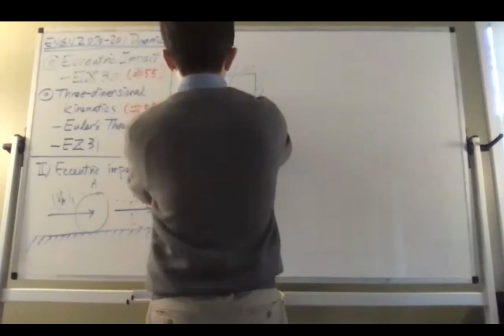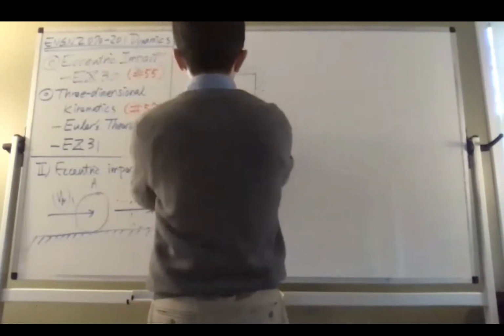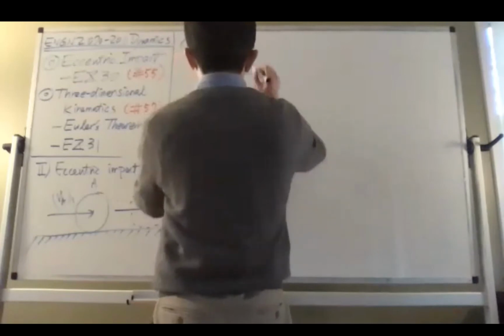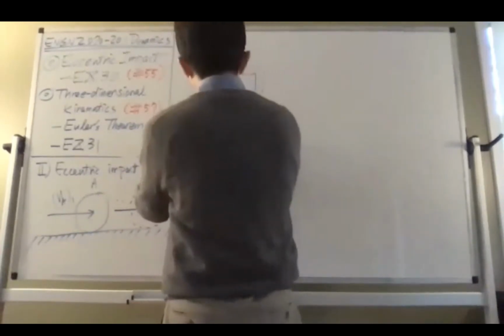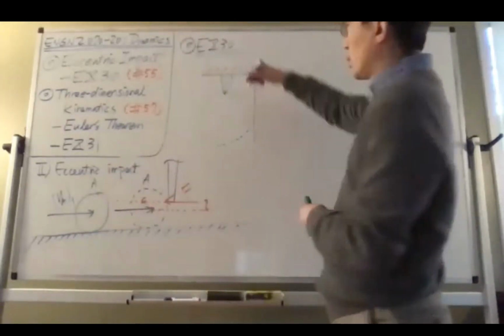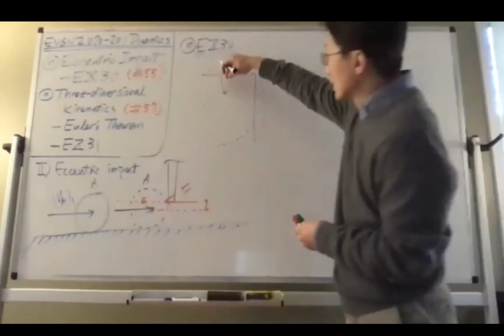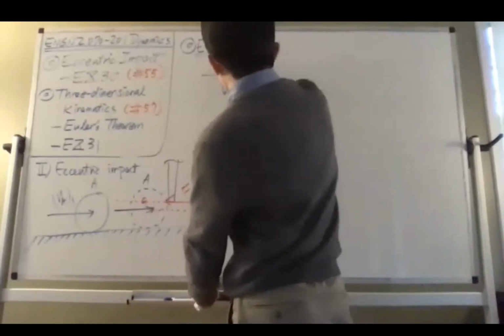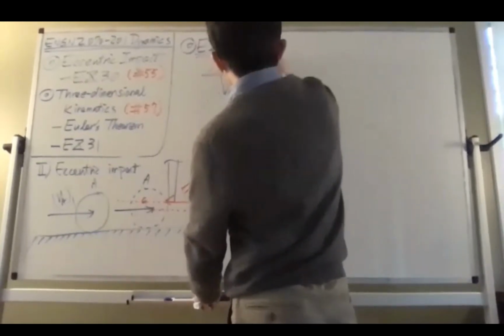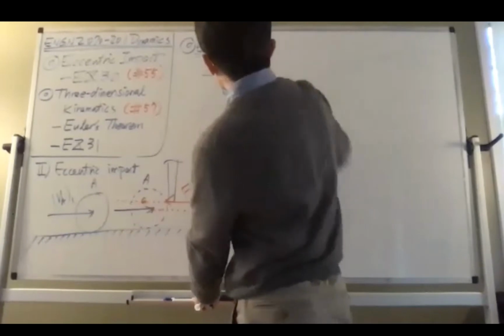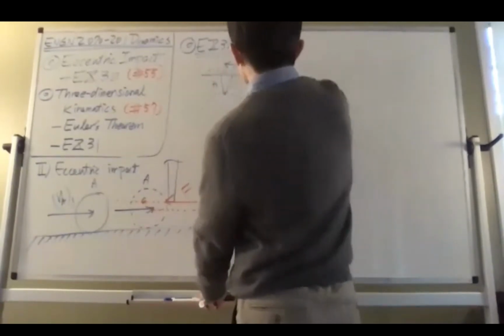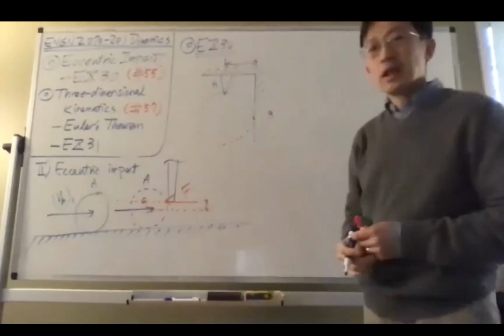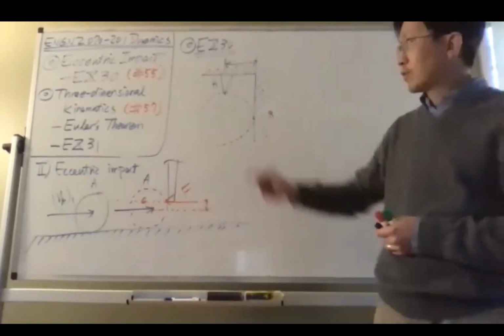Its initial position is right at the interface, or let's put it this way. Suppose you hang a disc, and this distance is from the support. You can call the support A to the point of contact B. So this distance happens to be the radius of the disc.